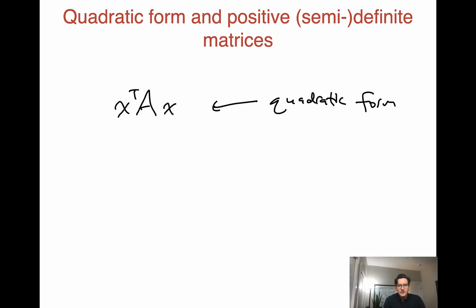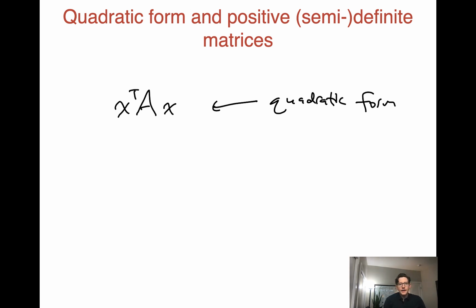We're going to see this a lot. It's going to come up, for example, in a multivariate Gaussian. By the way, here A is a matrix and x is a vector. So we'll see why it comes up so much, but let's look at some properties of this quadratic form first.